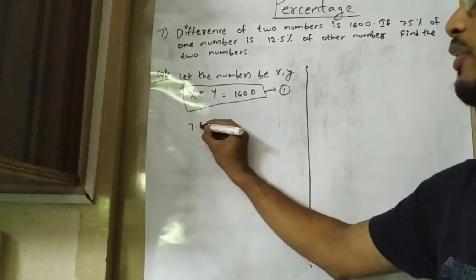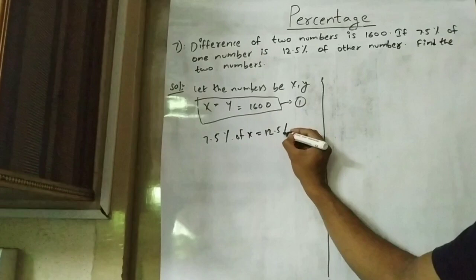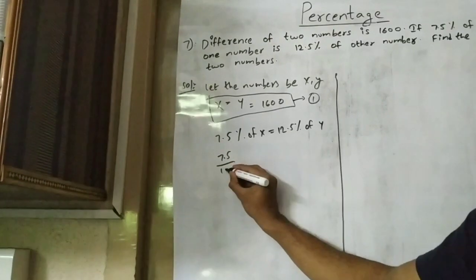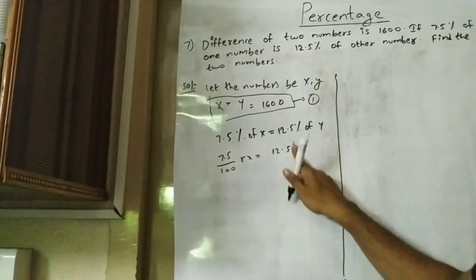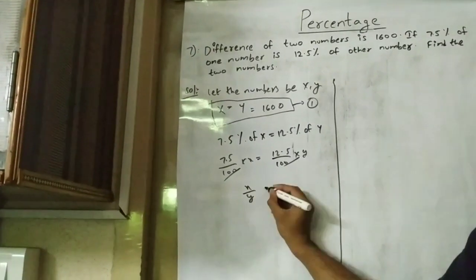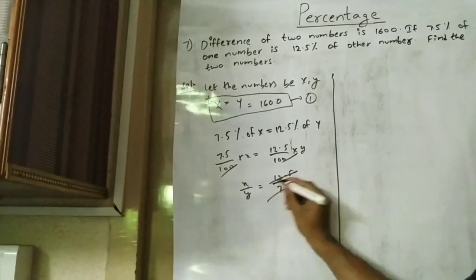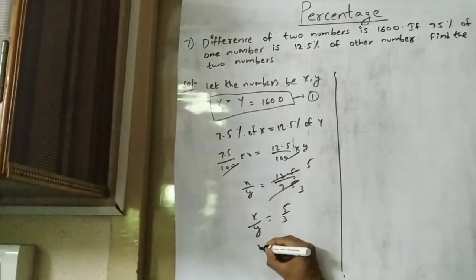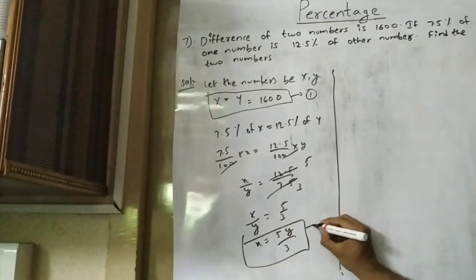So 7.5% of one number, that is x, is 12.5% of the other number y. So 7.5 by 100 into x is equal to 12.5 by 100 into y. So x by y is equal to 12.5 by 7.5. So 2.5 3s, 2.5 5s. So x by y is equal to 5 by 3. So x is equal to 5y by 3. Let it be equation 2.